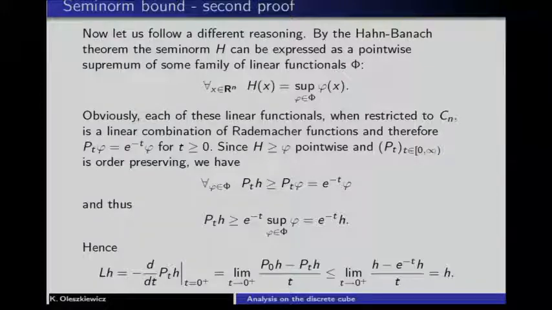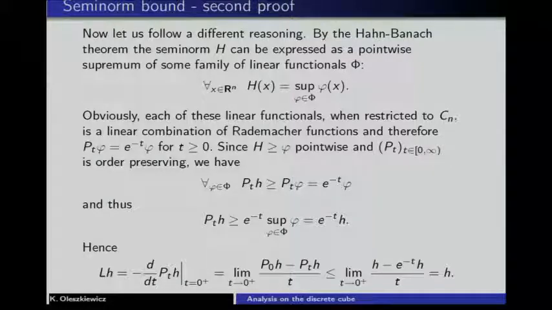So this is the fraction that we need to take the limit of. But now we know that this expression is not less than exponent minus t times h. So this fraction is bounded from above by this fraction. But this limit we can easily compute. This is just h. Okay?